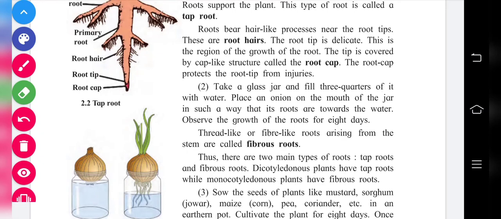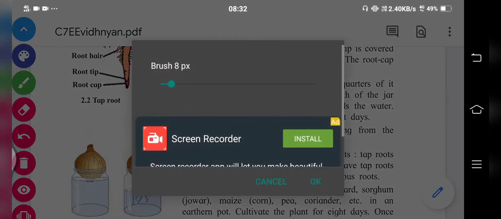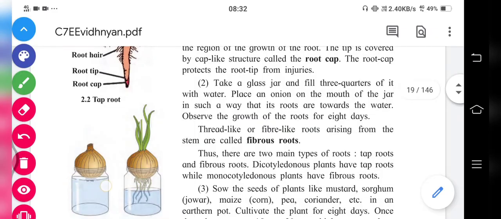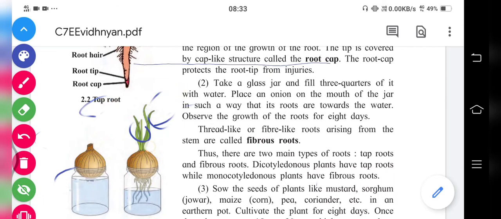You can observe that the onion has a small root on the below side, and it will be toward the water.